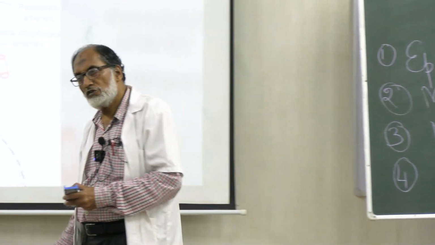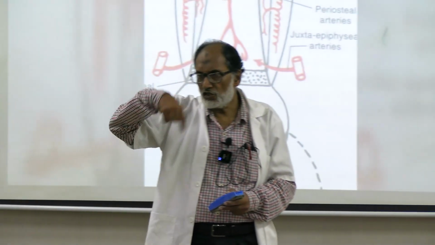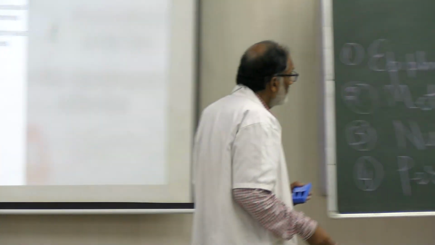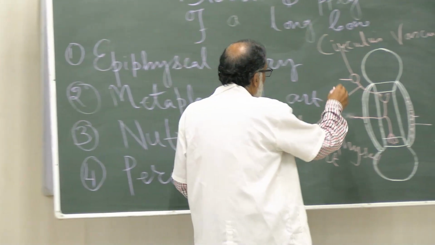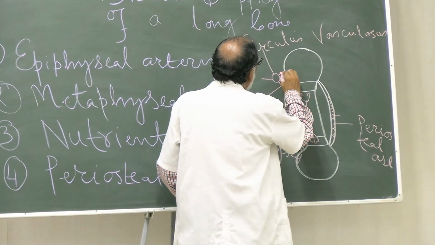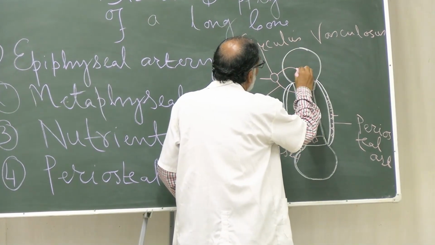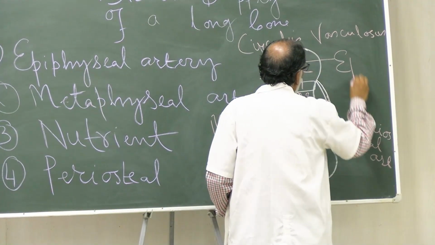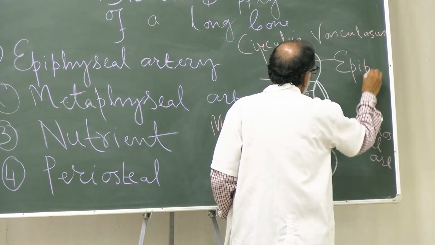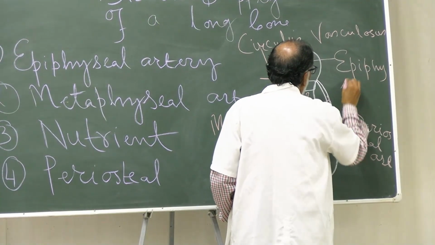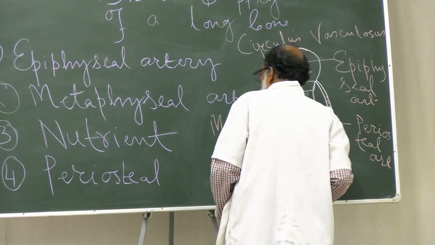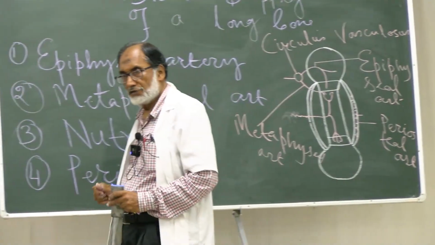The epiphyseal artery also comes from the anastomosis around the joint, and it will supply the epiphysis as well as the epiphyseal cartilage.